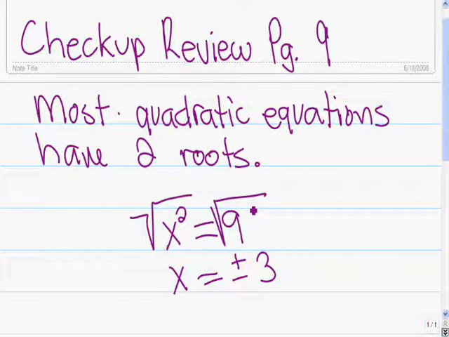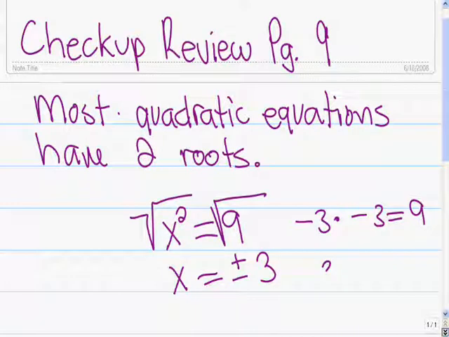That's what this is saying. Most quadratic equations have two roots, a plus 3 and a negative 3, because negative 3 times negative 3 equals 9, and positive 3 times positive 3 equals 9. So the two roots are a negative 3 and a positive 3. So remember these rules, and you should do great on the checkup.